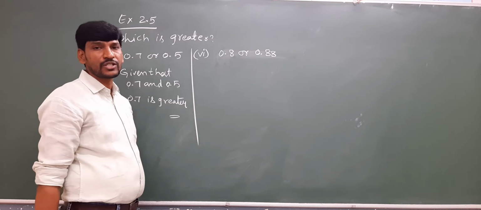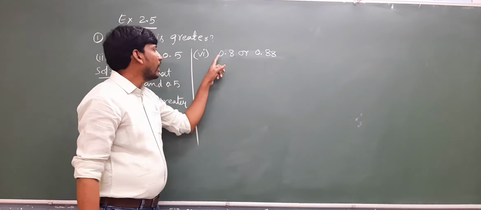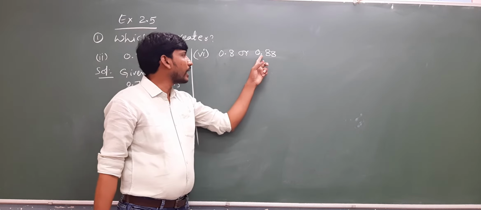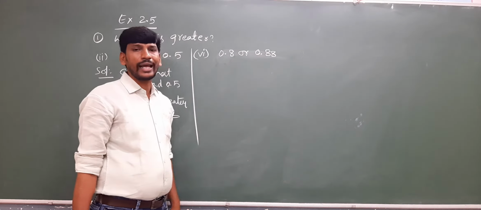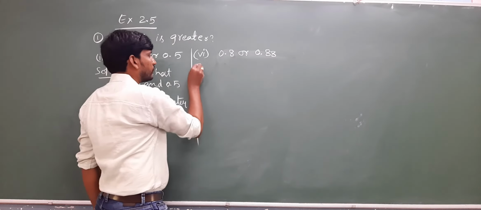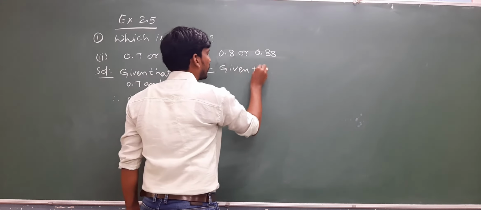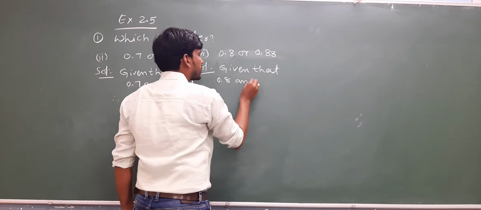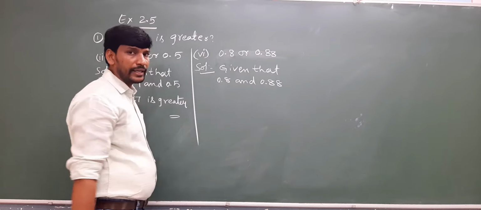Here it has only one place value after the decimal, and here after the decimal we have two values. So these two are not like decimals. So what are we going to do? Given that 0.8 and 0.88 are both unlike decimals.